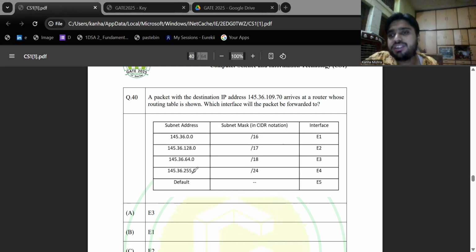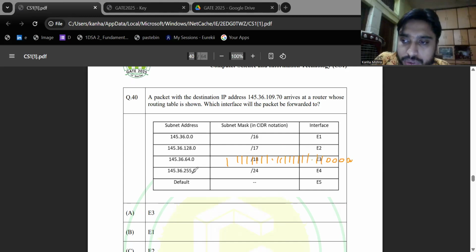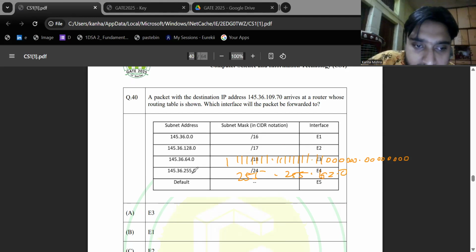For /18, the first 18 bits will be for the network and the remaining bits for the host. So the mask will look like 11111111 dot 11111111 dot 11000000 dot 00000000, which is 255.255.192.0 in integer format.